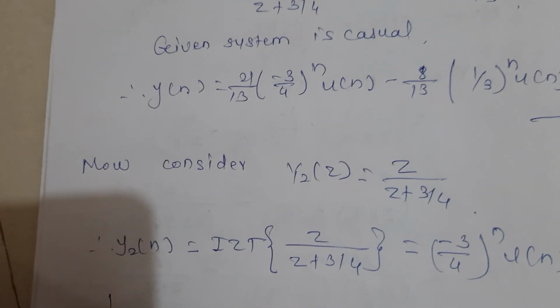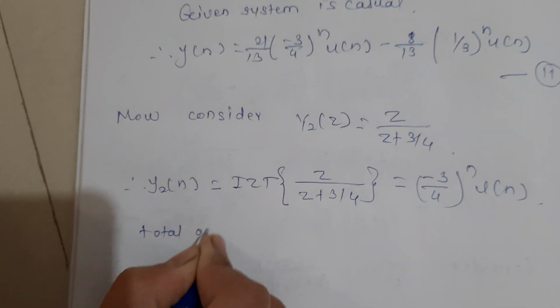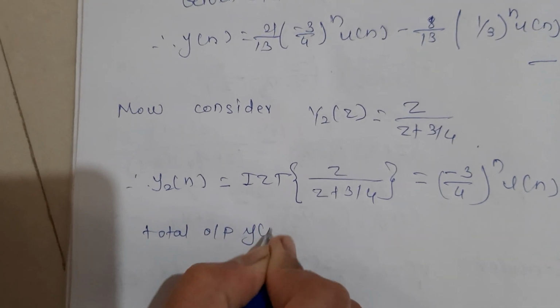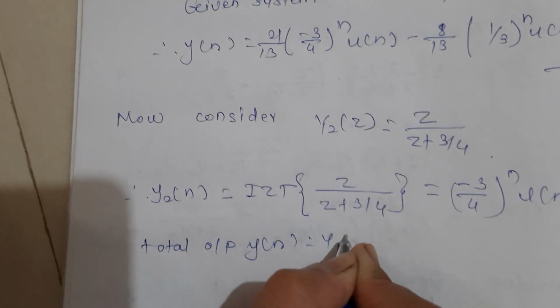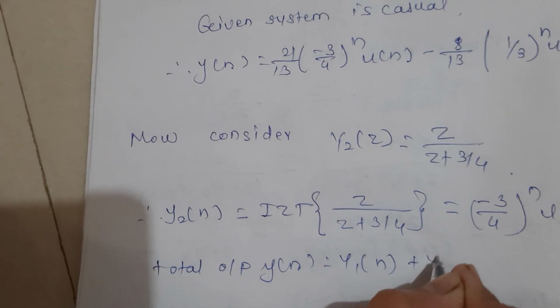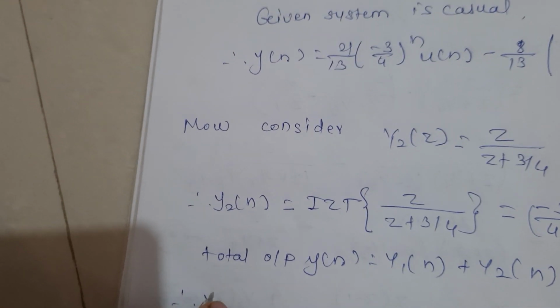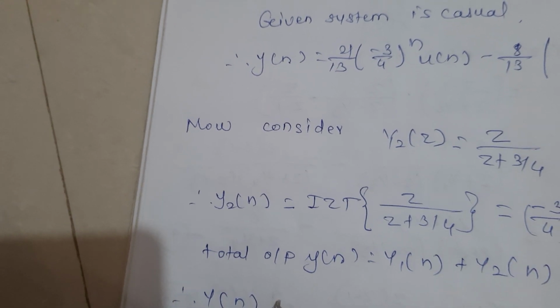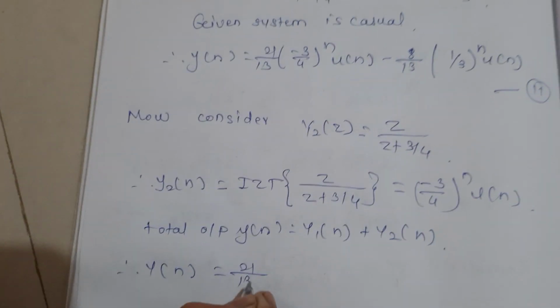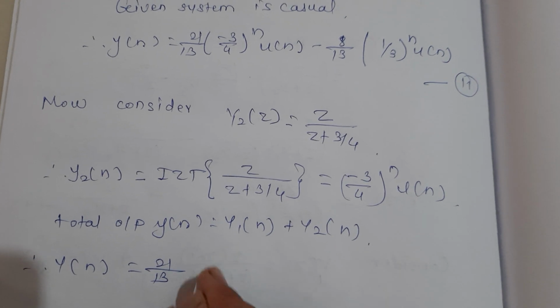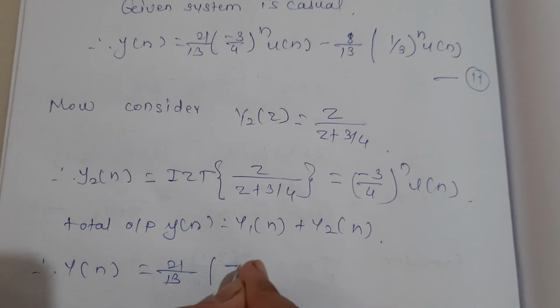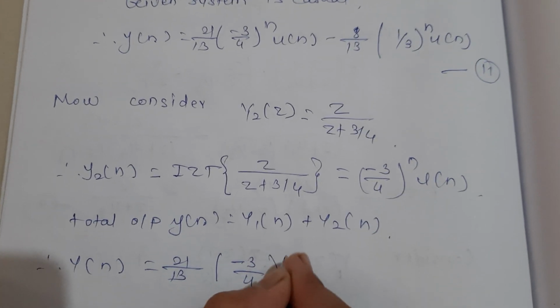So the total output y of n is y1 of n plus y2 of n. So y of n is equal to the addition of both these two, that is y1 and y2.